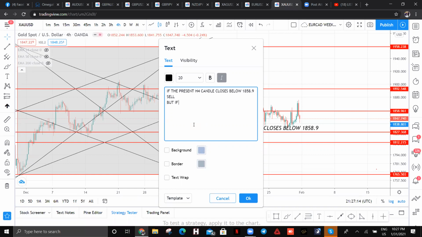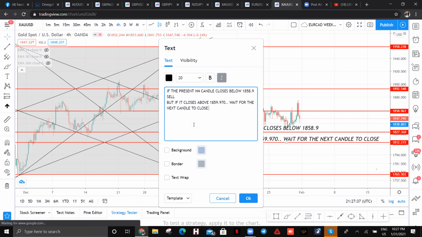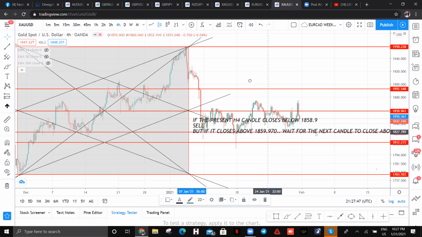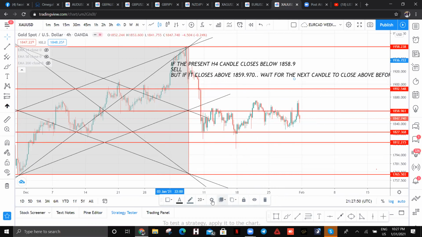But if it closes above 1858.970, wait for the next candle to close above for you. So for this guy, the sell is still okay. Oh, this is too much.